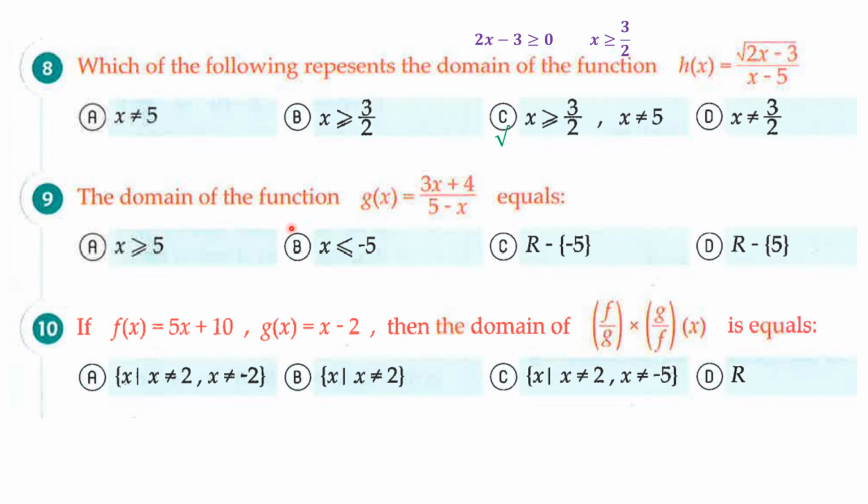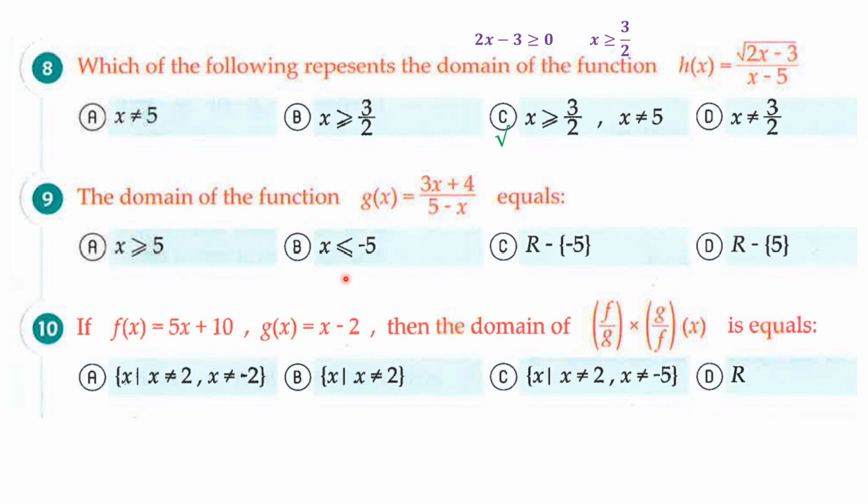The domain of the function g of x equals 3x plus 4 over 5 minus x. There's no problem over here, it's a polynomial. But there is a problem over here, that the denominator cannot equal 0. Which number will make this equal to 0? Let's check the choices.